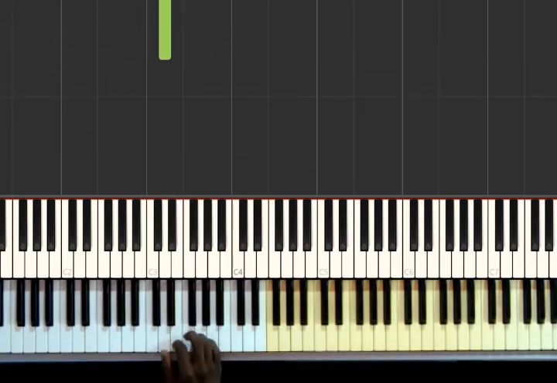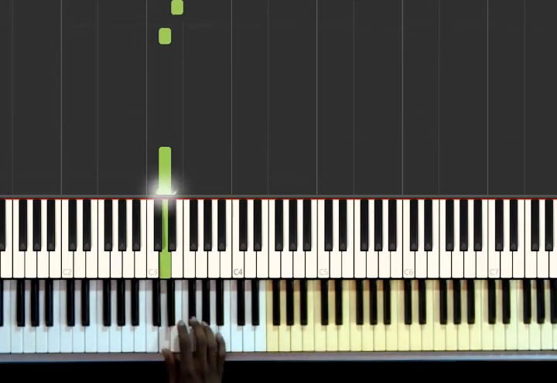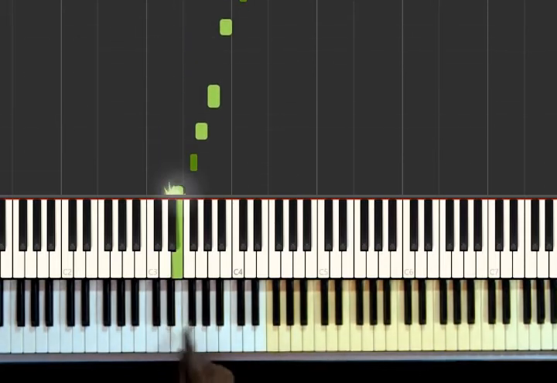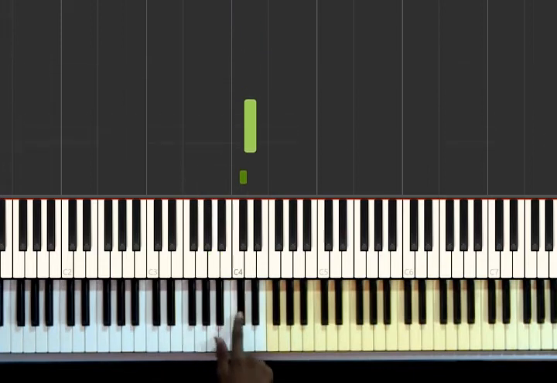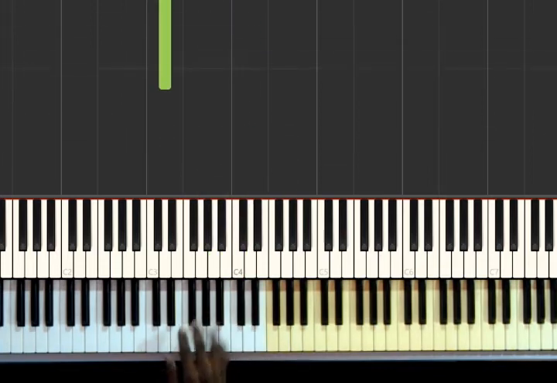Good. In the key of D, we had. This is the position.